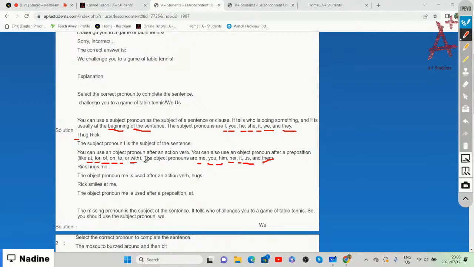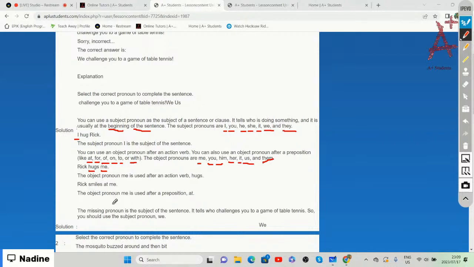If we look at an example of an object pronoun, Rick hugs me. The object pronoun within the sentence is me, and as you can see, me comes after the action verb hugs. Remember, we said object pronouns can be used after an action verb or after a preposition.